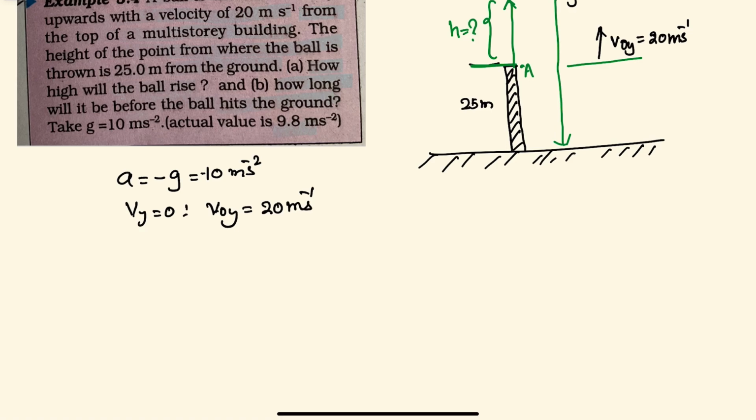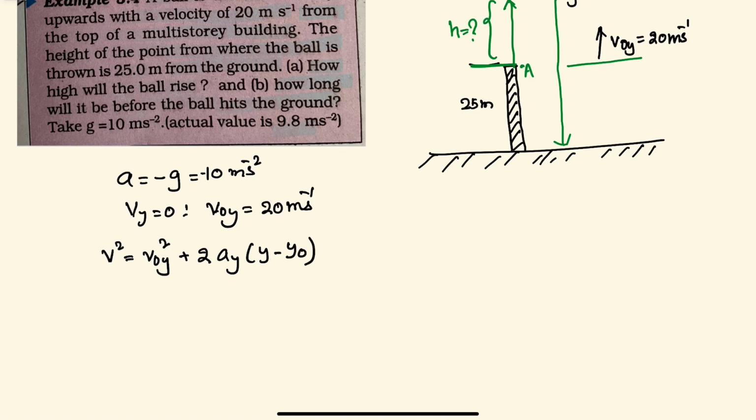Okay. Now how high will it rise? Height means again we will go with the formula: v squared is equal to v naught y squared plus 2 a y into y minus y naught.